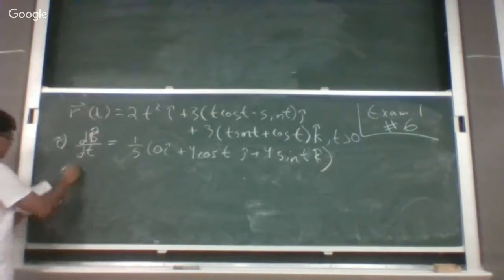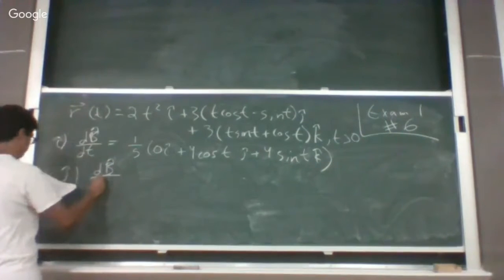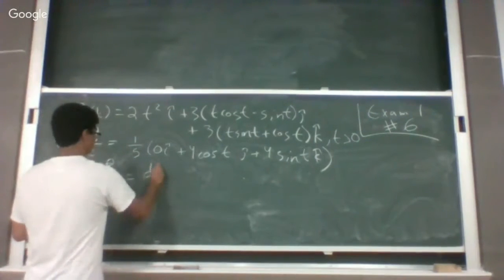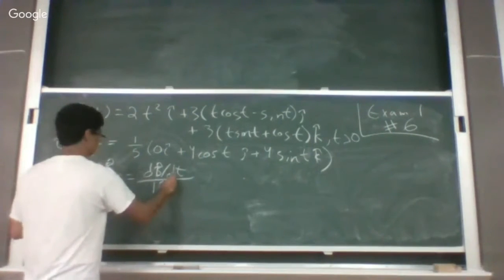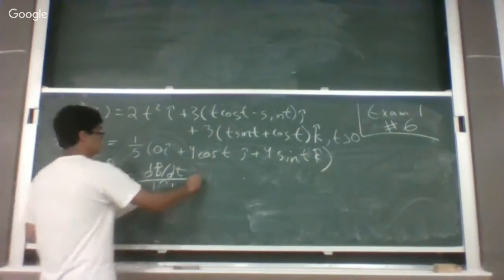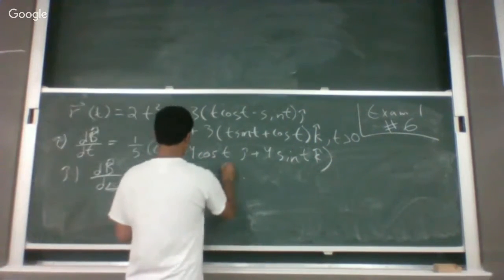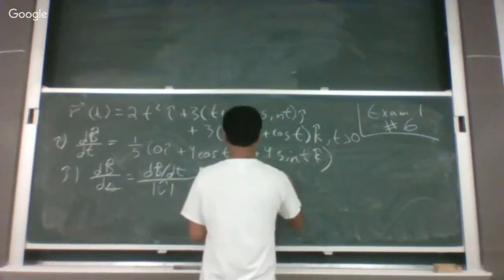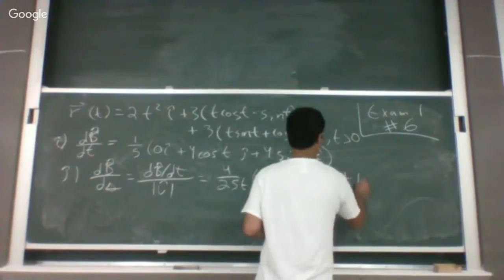For j, you have to find the derivative of b with respect to s. That is equal to the derivative of b with respect to time divided by the magnitude of velocity, like before with the t. The magnitude of velocity was 5t. So in this, we have 4 over 25t times the quantity cosine of t j plus sine of t k.